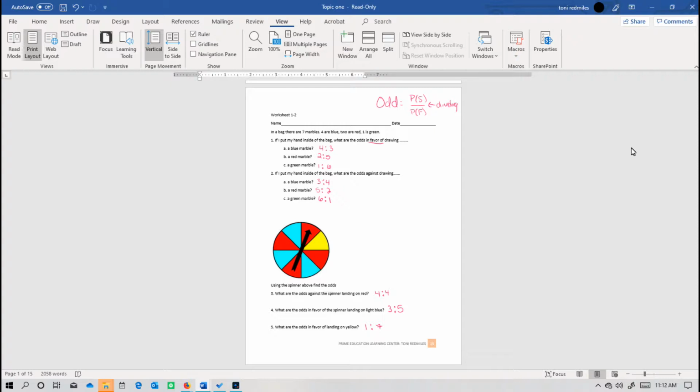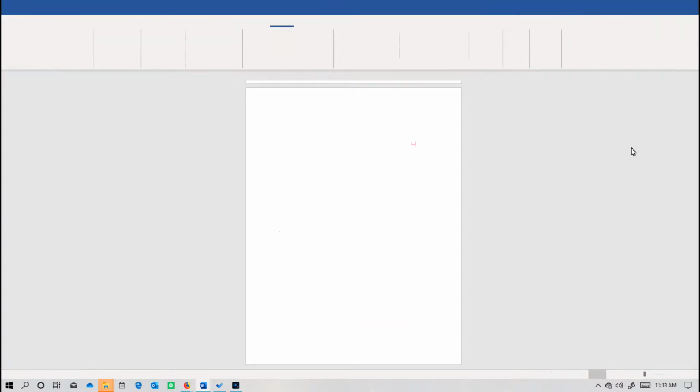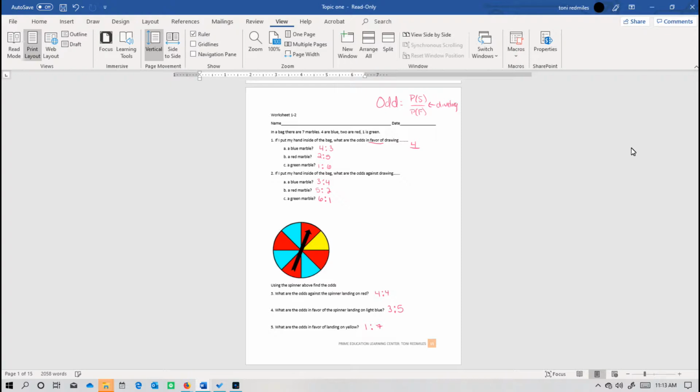Now if I was going to do that with the odds formula, and I'll do that for 1 and 2, but I'm not going to do it for 3, 4, and 5, I would find the probability of success. Well, the probability of success is that there are 4 marbles in favor of successfully pulling a blue marble, 4 blue marbles, and there are 7 marbles in total.